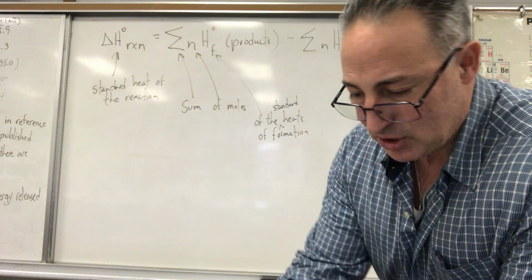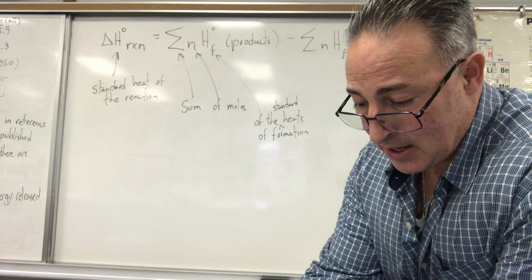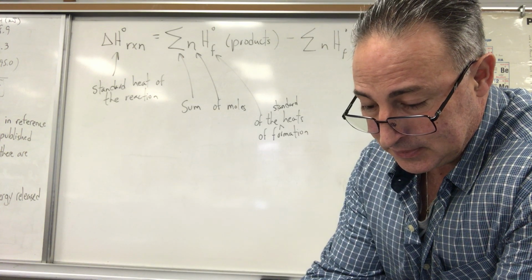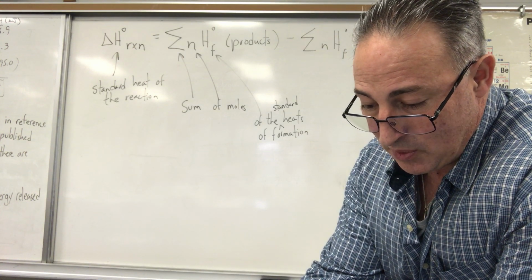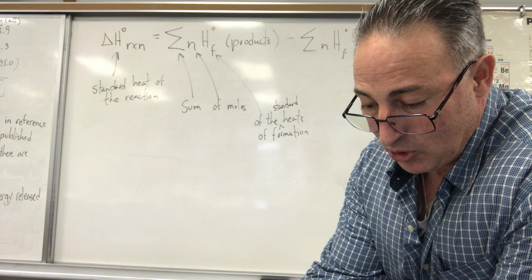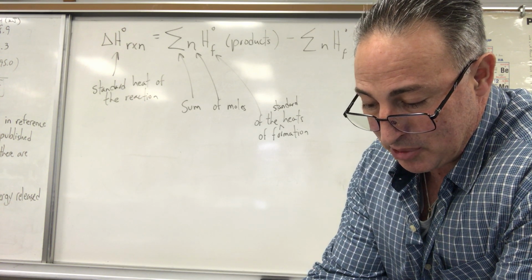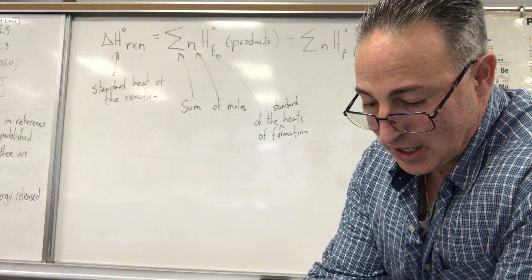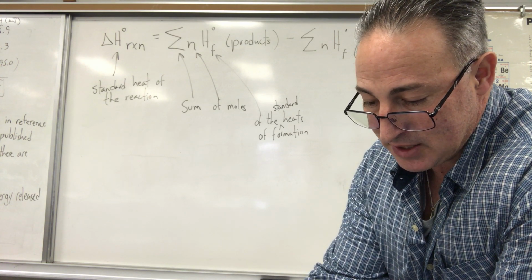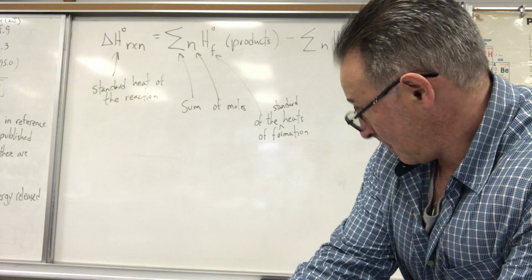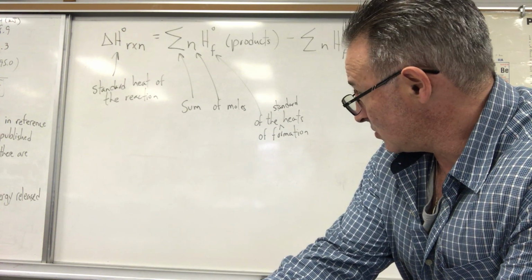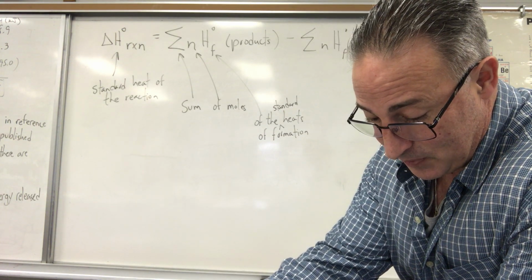So the equation above is used to calculate the standard, all substances at 1 molar concentration, 1 atmosphere pressure, and 25 degrees ambient temperature, heat of a reaction from the standard heats of formation of products and reactants. When you get the text, you'll be able to look through that yourselves.